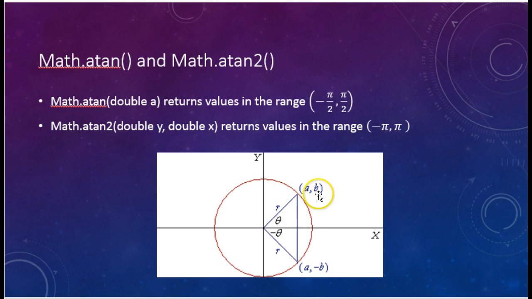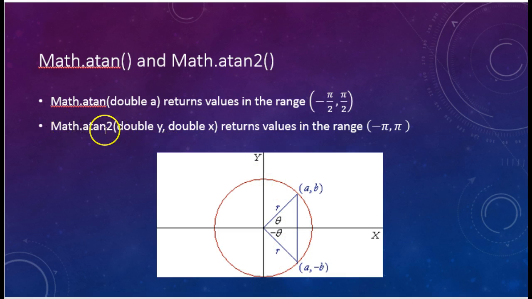The problem is that b over a gives us the same value as minus b over minus a, since a negative over a negative is a positive. So we don't have an unambiguous way to decide whether I should give you this theta or the theta that goes all the way around to minus a, minus b. So for atan, we just restrict the range to minus pi over 2 to pi over 2. We're just going to look at this half of the circle.